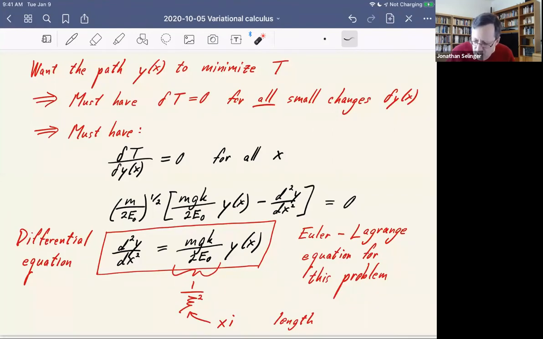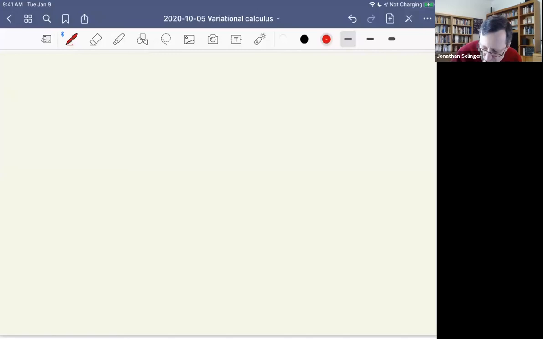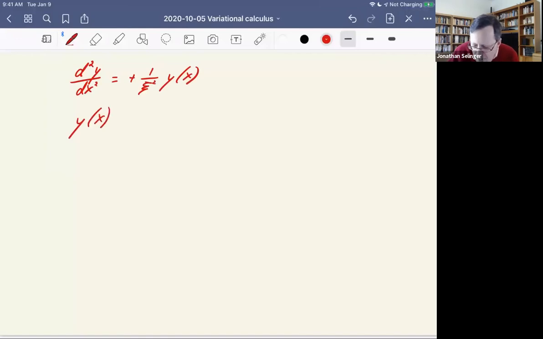Okay, so if we want to solve an equation of the form d²y/dx² is equal to positive 1 over ξ² times y of x, then I recognize that the solution is that we could have y of x as something times e to the x over ξ plus something times e to the minus x over ξ.